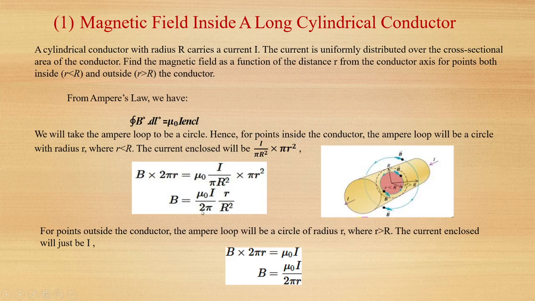B is equal to mu naught I by 2 pi into r by R square. For points outside the conductor, the Ampere loop will be a circle of radius r, where r is greater than R. Current enclosed will just be I. So B into 2 pi r is mu naught I, or B is equal to mu naught I by 2 pi r.